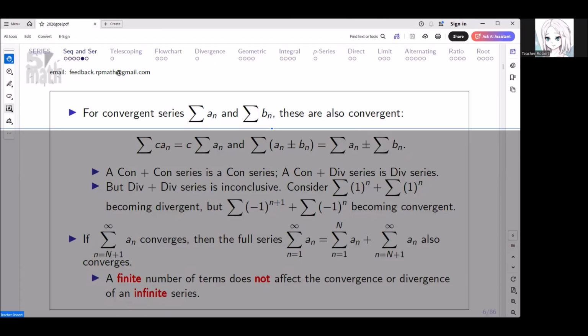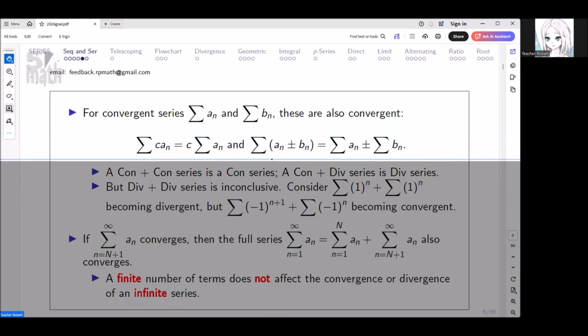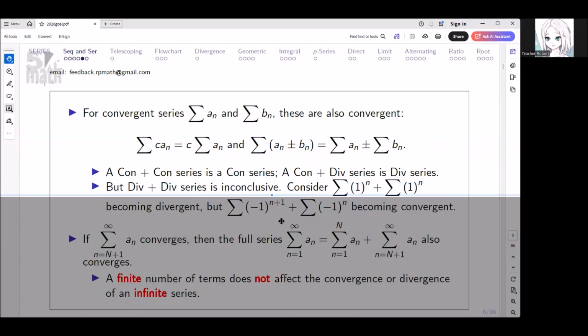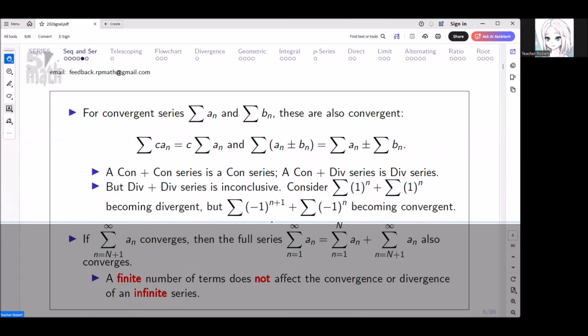For convergent series an and bn, these are also convergent. This and that. A convergent and convergent series is a convergent series. A convergent and divergent series is a divergent series. But divergent and divergent series is inconclusive.